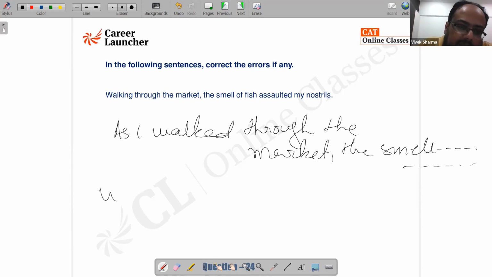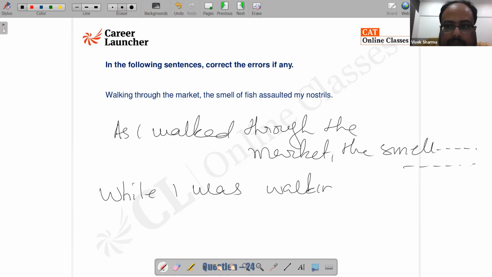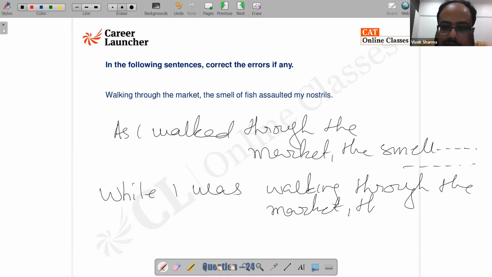This is one way. Or else I can say, while I was walking through the market, right, the smell of fish assaulted my nostrils. The fundamental problem with this sentence is the modifier walking through the market. It's going to modify what comes immediately after it.